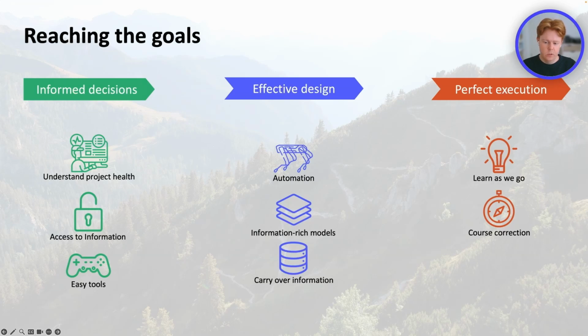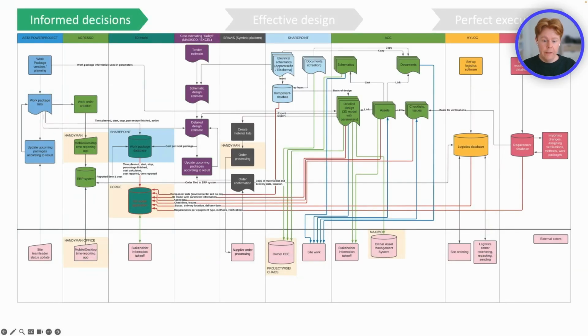And another one is to give installers what they need. So we need to actually provide them with what they need in the field. And this is how we reach the solution of informed decisions.